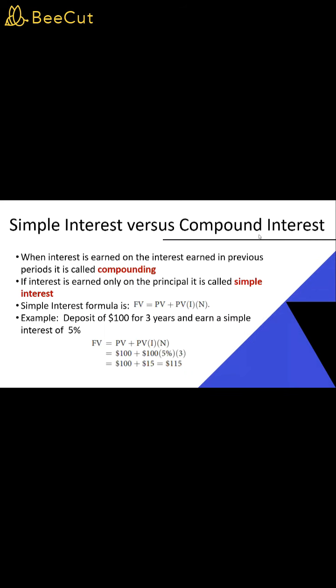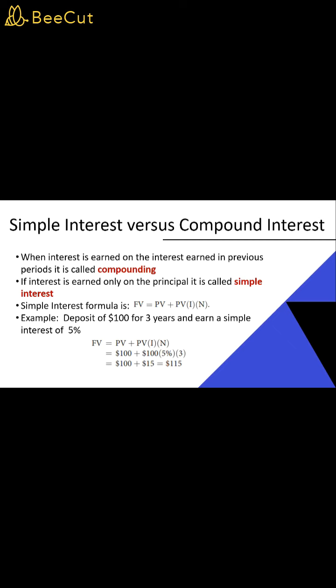One thing to remember is that there is a difference between simple interest and compound interest. Up till now, everything that I showed you was compounding, using compound interest. What that means is that you are going to be earning interest on the interest.